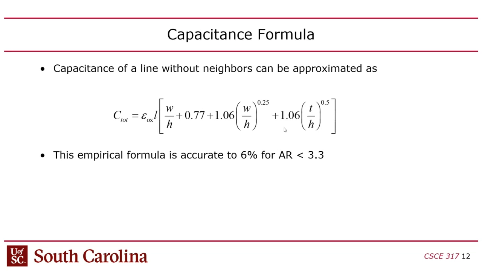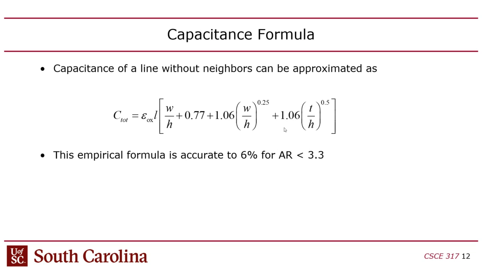And they say it works well for wires that have an aspect ratio of less than 3.3. The aspect ratio has to do with how thick the wire is relative to the width. So an aspect ratio of 3.3 is a really thick wire. But I guess in this day and age, I don't know if they might be thicker than that now. I'm not sure.